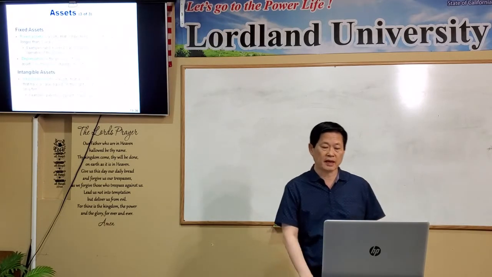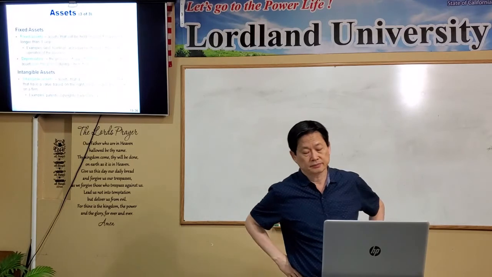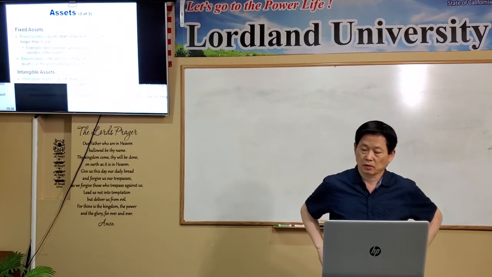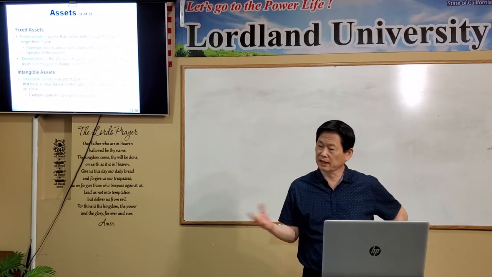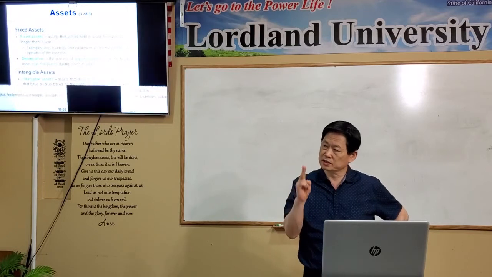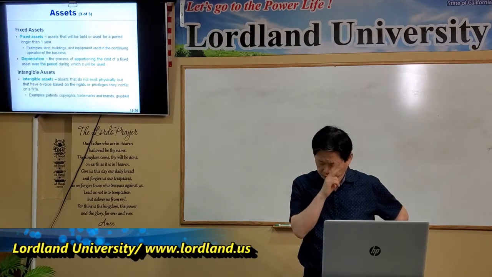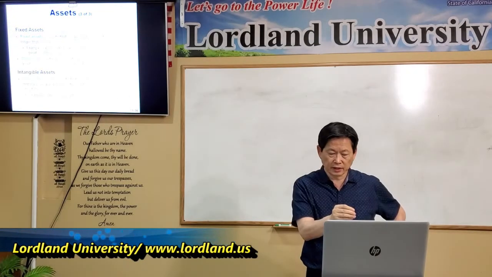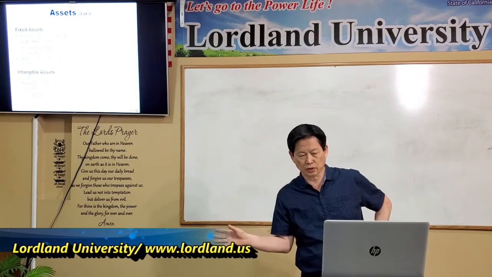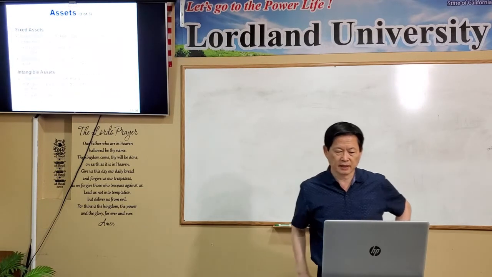Fixed asset. A fixed asset will be held or used for a period longer than 1 year. Within 1 year is a current asset. Longer than 1 year is a fixed asset. Okay.